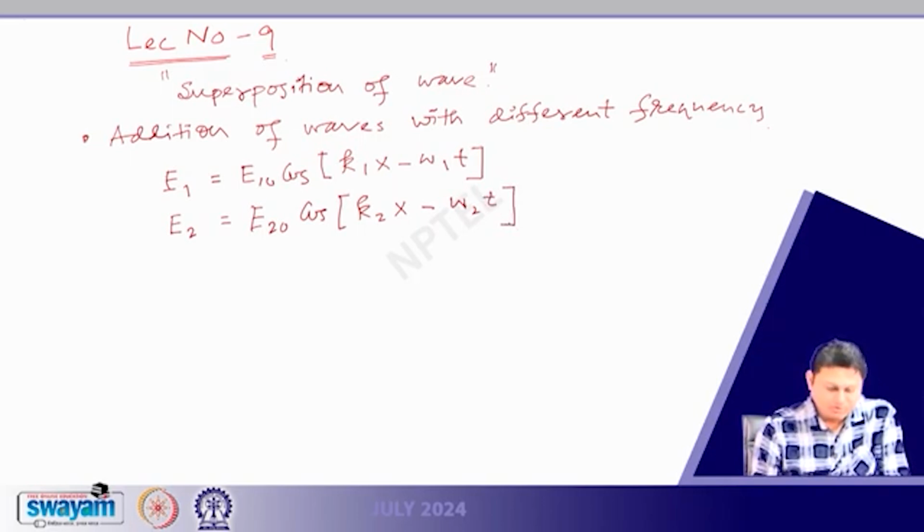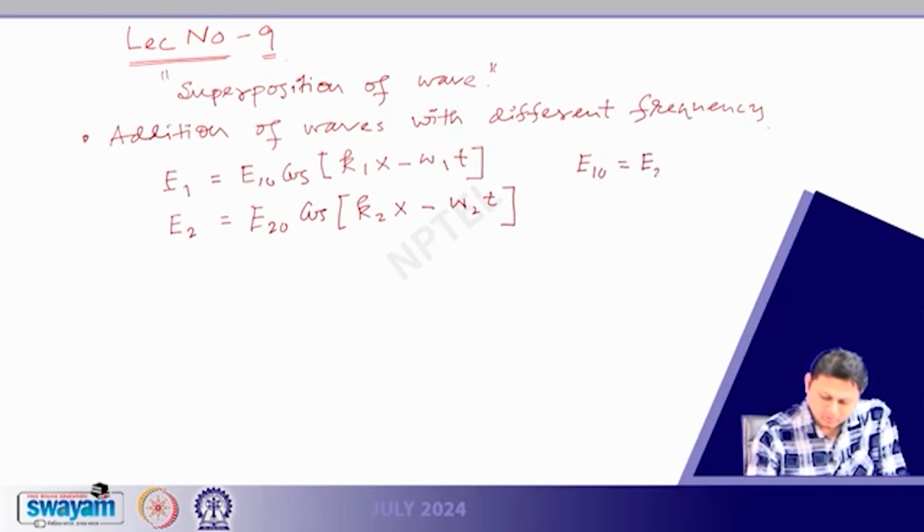So their amplitudes we may consider to be the same for simplicity, and their wavelengths are different. So I can write E20 simply as E10.